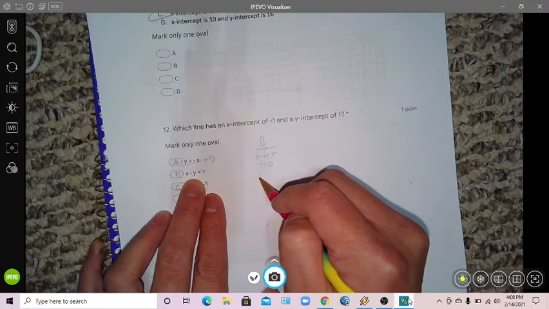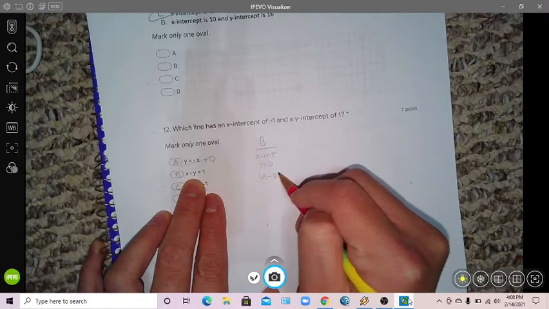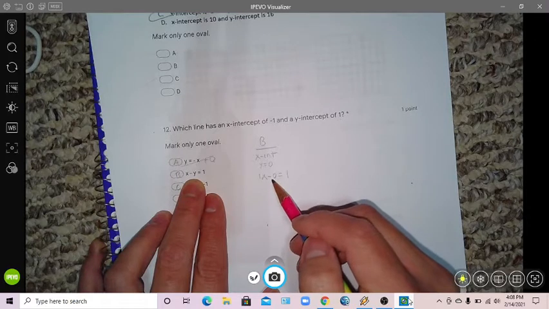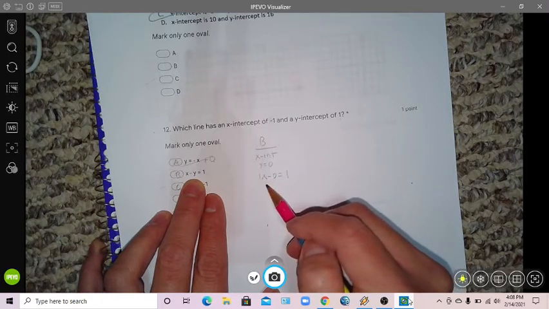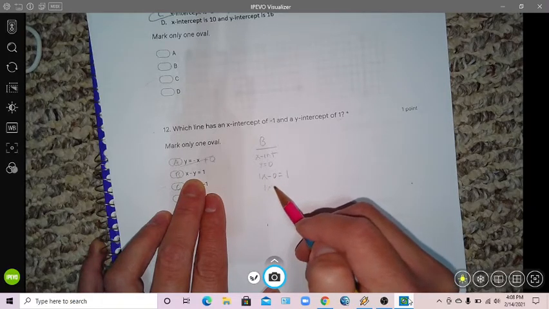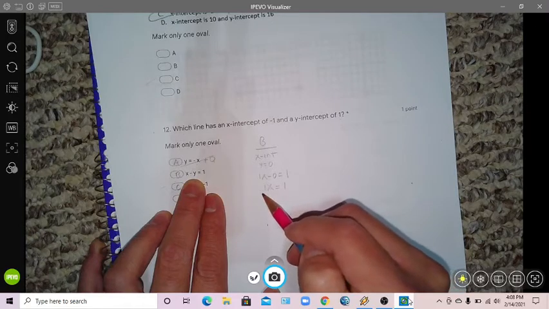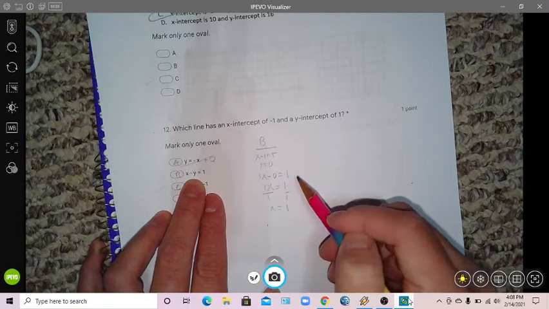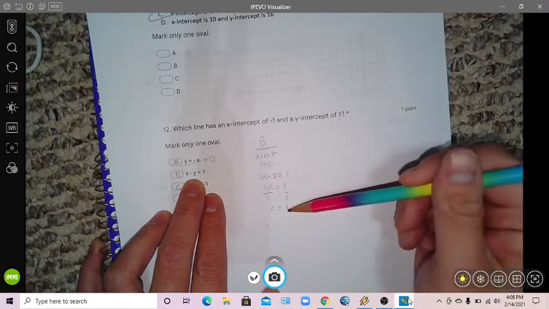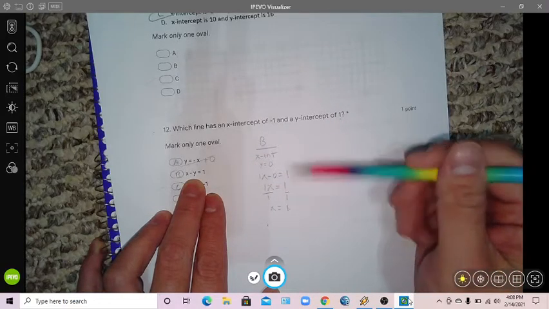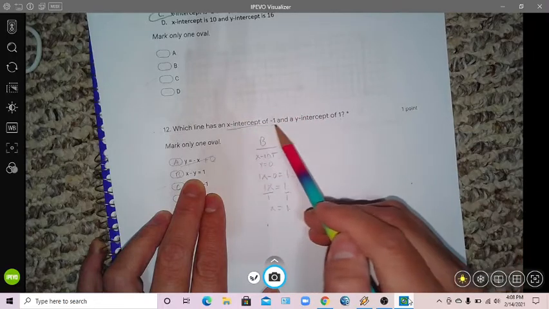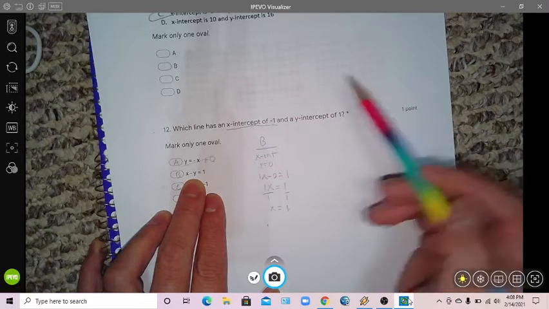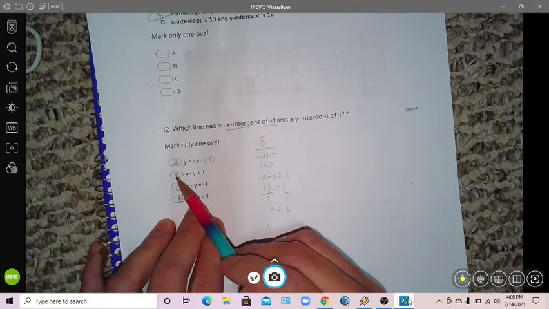So I have 1x minus 0 equals 1, so I just have 1x equals 1. Divide by 1, divide by 1. The x-intercept ends up being a positive 1. I want an x-intercept of negative 1, so it's not option B.